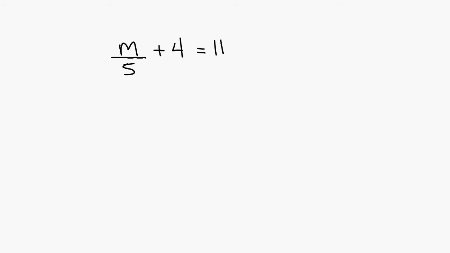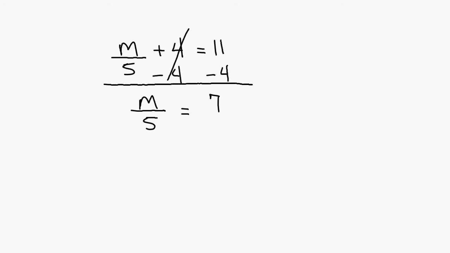Your process will remain the same. In this case, you're going to isolate the variable first, so you're going to subtract 4 from each side. These 4's will cancel. Your m divided by 5 will drop down. So your m divided by 5, or m over 5, is going to equal 7.